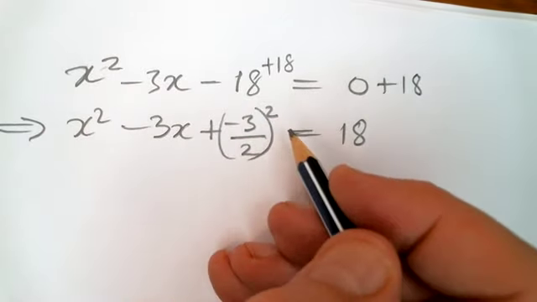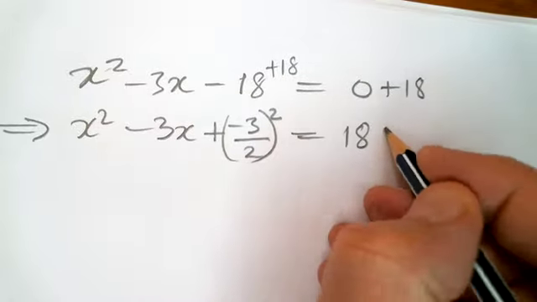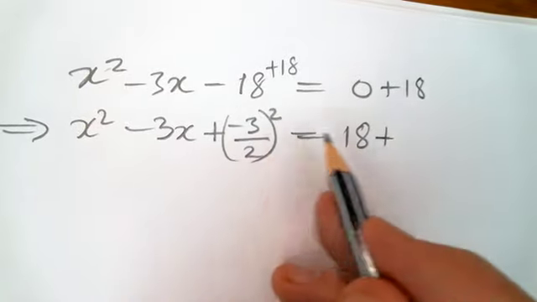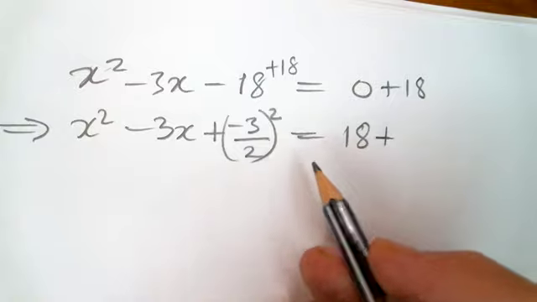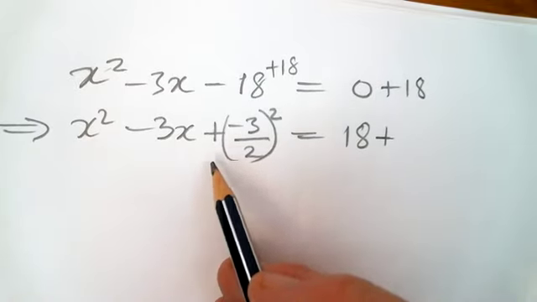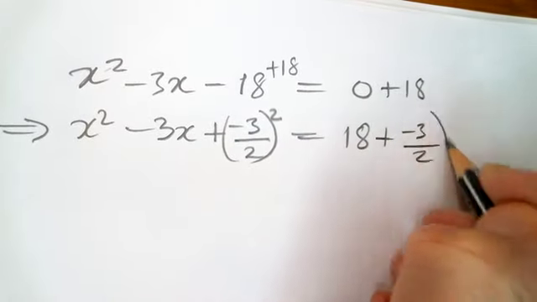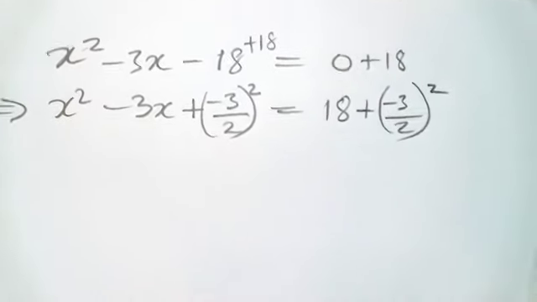Previously, if it was on the same side, I'd then subtract it from that same side. But now I'm going to add it again. Because I'm adding it to both sides, it's now balanced. It's still true. In other words, as in any algebra, if we do something to one side, we do exactly the same thing to the other side. So I'm going to add negative 3 over 2, and I'm going to square it.